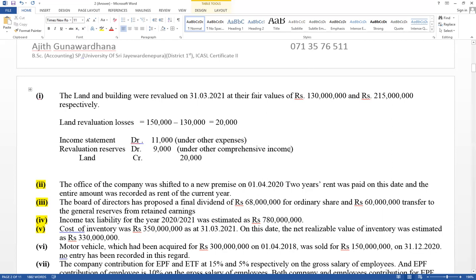And other comprehensive income, how is it included? Within brackets like this. Very important, it should be included under other comprehensive income within brackets.